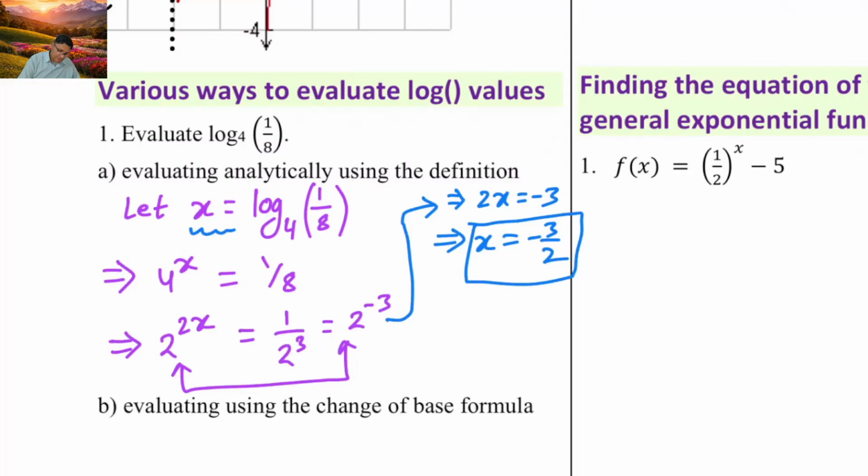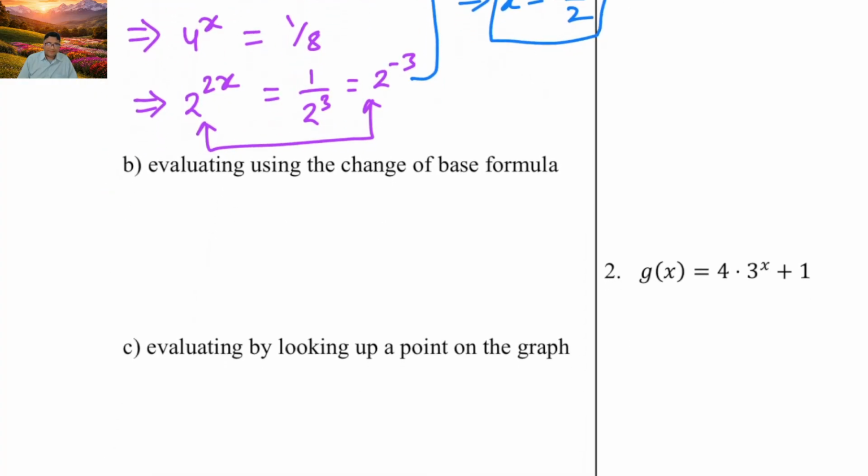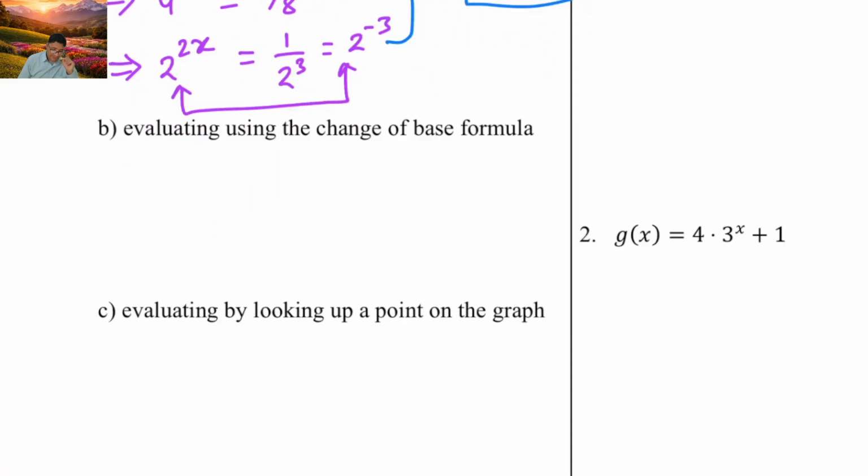Maybe I should also mention that the method we are following here is evaluating analytically using the definition to convert to exponential form. So you use the definition to convert to exponential form, then solve that equation and you have the value of x. That's one method. What's the other method?